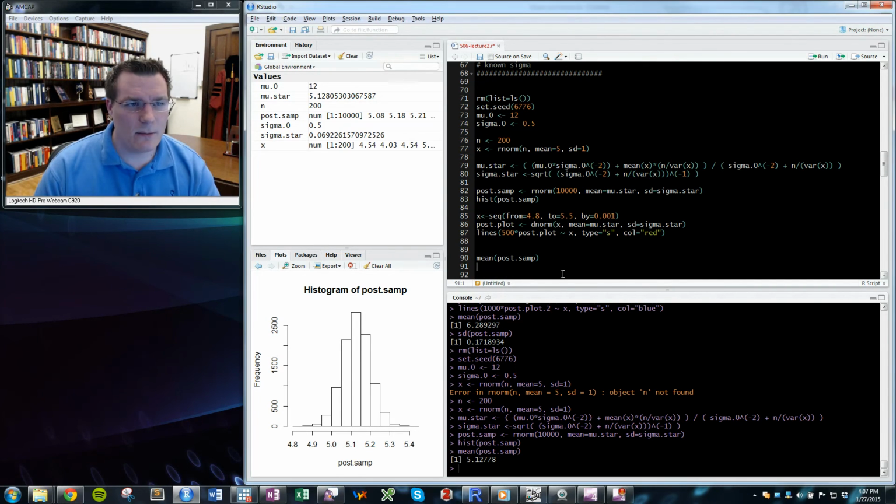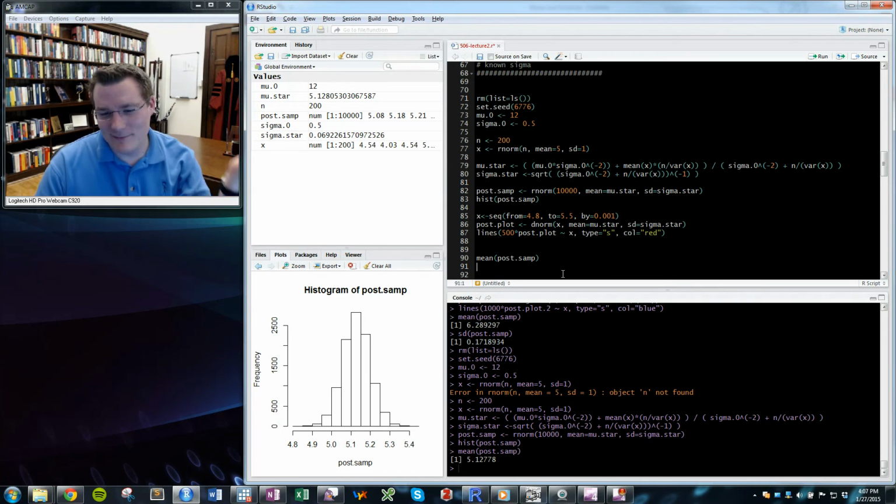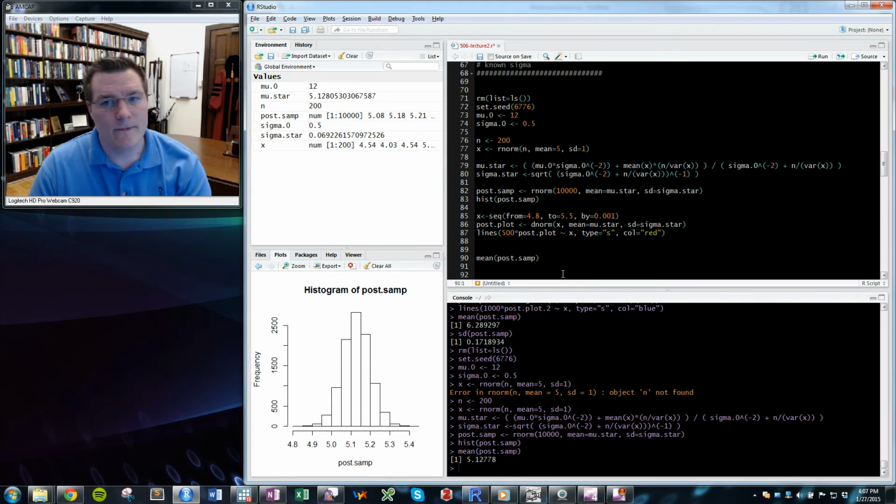Our mean posterior belief about the mean is about 5.13, a little bit above the 5 out of which the data were generated, which is consistent with our idea that the prior put a lot of weight on a much higher value.